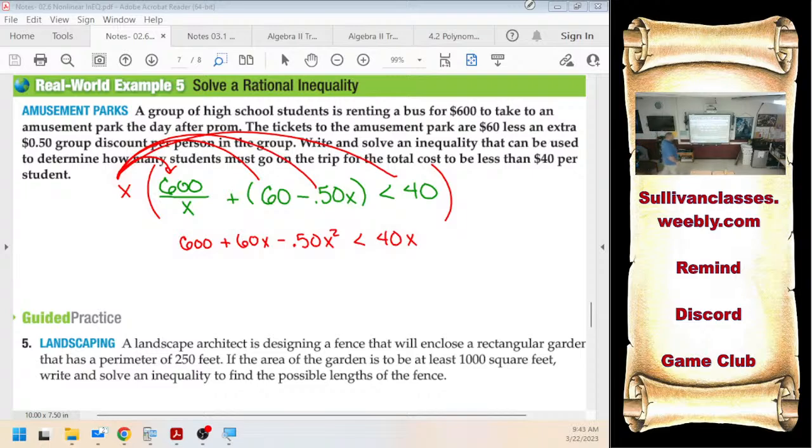I'm a positive kind of guy. I'm going to move everything over to the right, just so I have a positive leading coefficient.